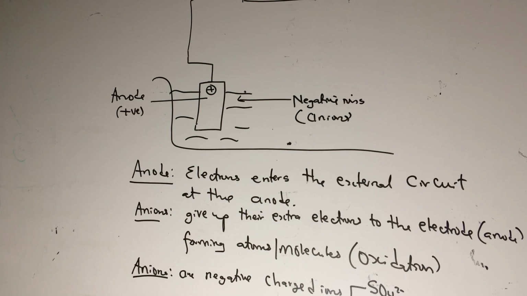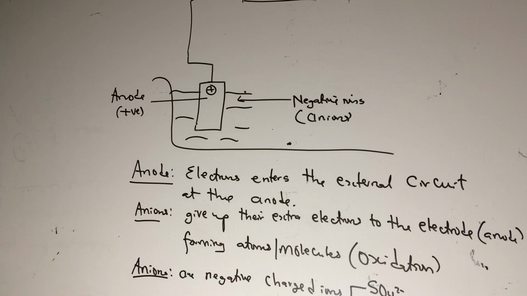Let's now look at what happened at the positive electrode, known as the anode. How do electrons leave the anode, and how do electrons enter the anode?